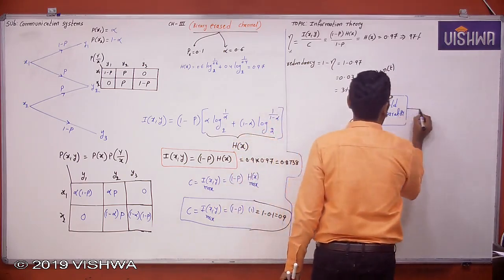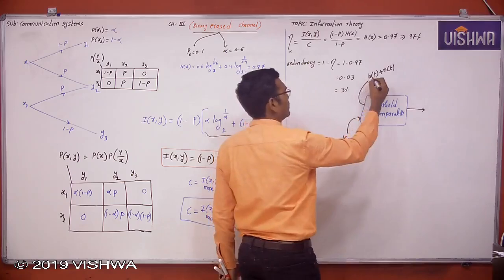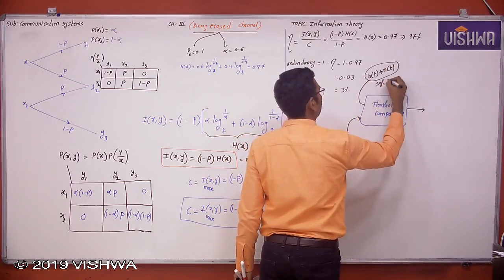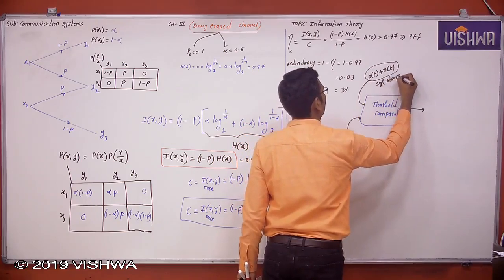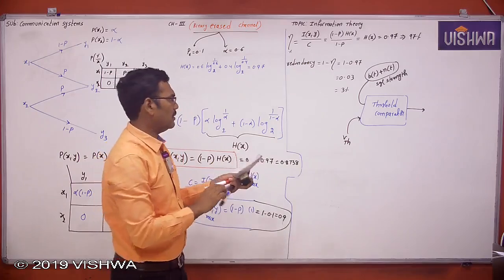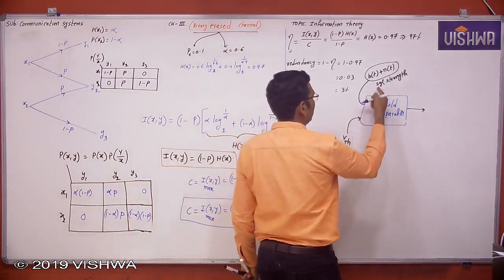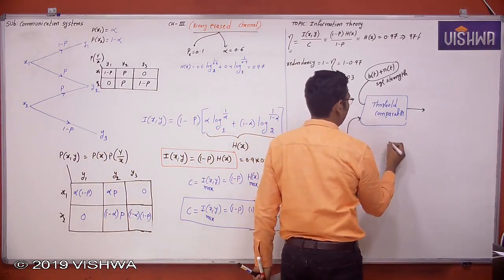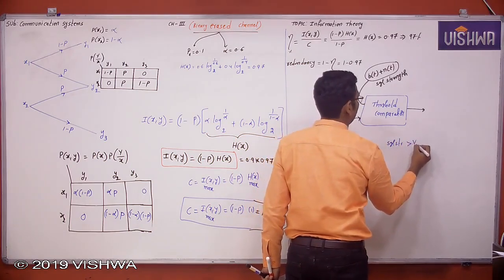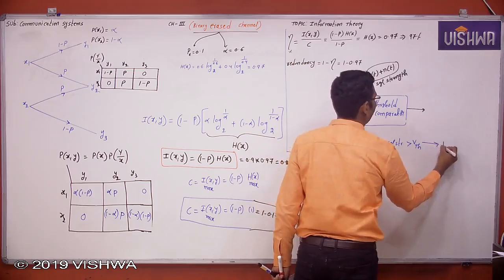Now you know that this is the signal strength of the noise-affected binary data. If the signal strength is greater than the threshold voltage, it will be treated as binary 1.